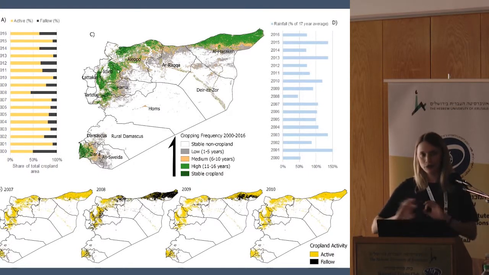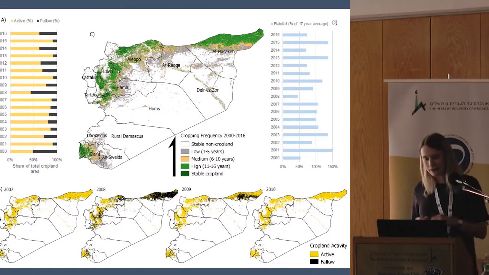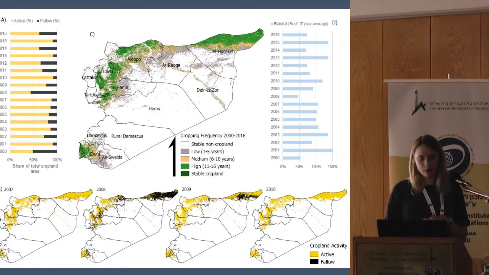So I've removed the ones that are sometimes used for cropland and sometimes not, but the most frequently cropped areas. And we see that in 2008, which was the main drought year, less than 50% of the cropland was actually active. So it's a sign of how the drought affected cultivated areas.